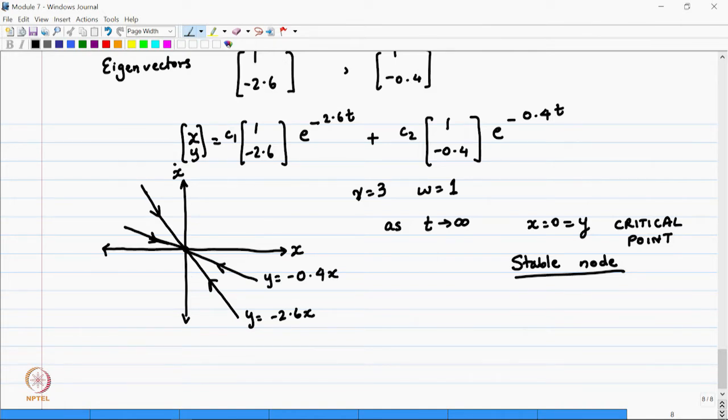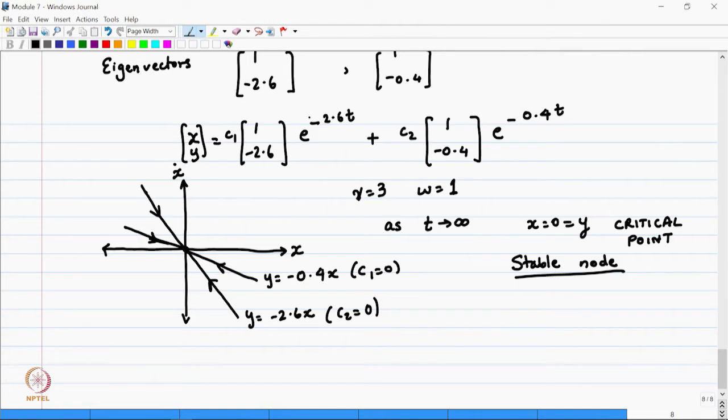If both C1 and C2 are non-zero, so this is a case where C1 equal to 0, this is the case where C2 equal to 0. If both C1 and C2 are not equal to 0, now what will happen is that as you increase t, this will go to 0 much faster, this will go to 0 much slower.